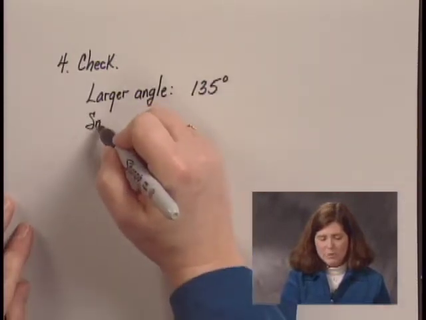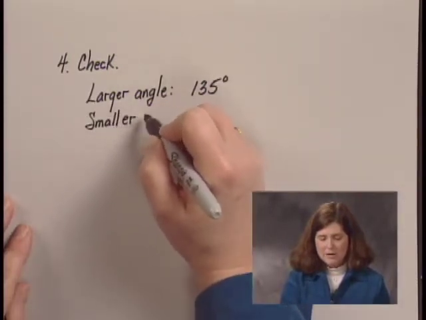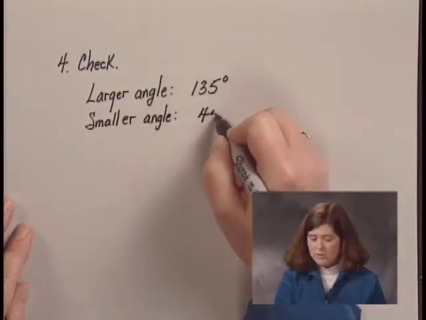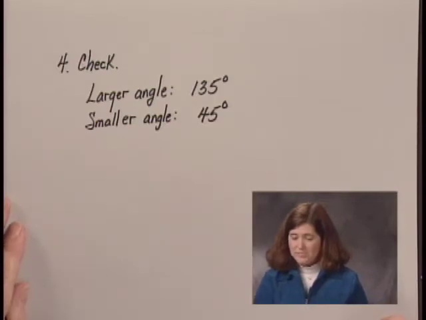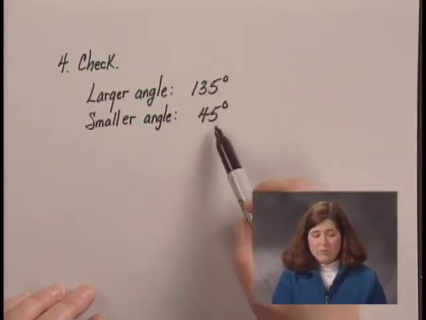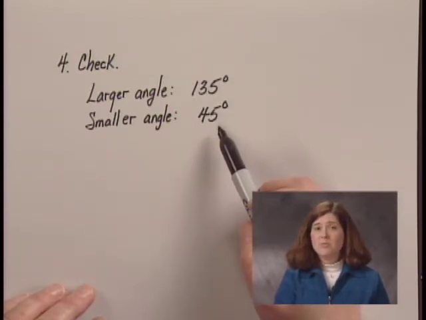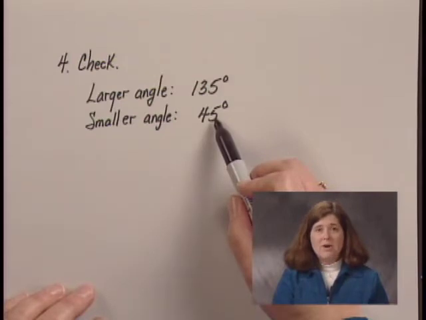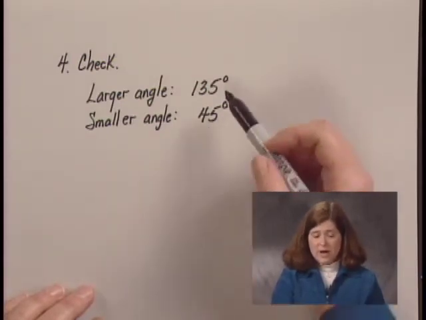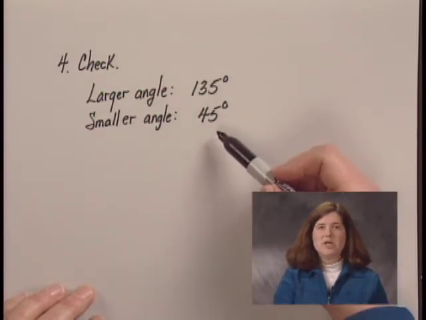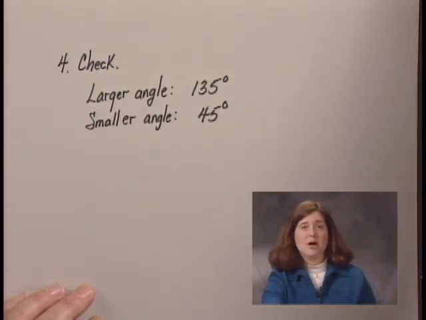And the smaller angle, which was y, I said was 45 degrees. Now, these add to 180. 135 plus 45 is 180, so they are supplementary. If I double the smaller angle, I get 90. If I add 45, I get the larger angle, 135. So both of these check in all the conditions given in the problem.